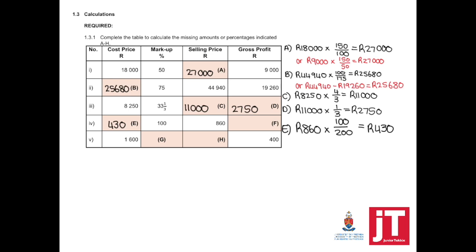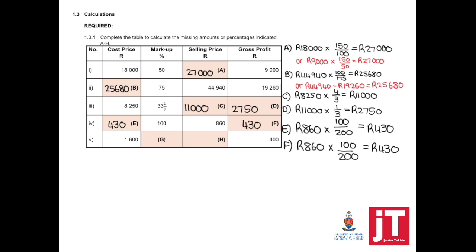To calculate the gross profit, I've got more than one option. We can take the selling price minus the cost equals the gross profit, or you can say times 100 divided by 200. It's what do I want to calculate over what has been given.